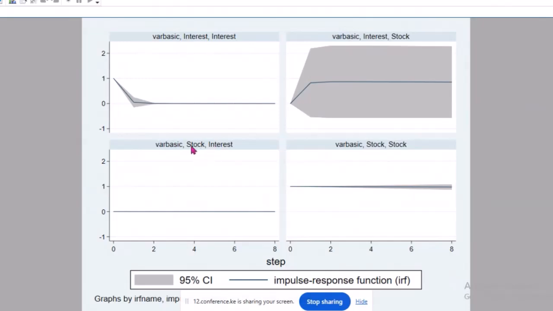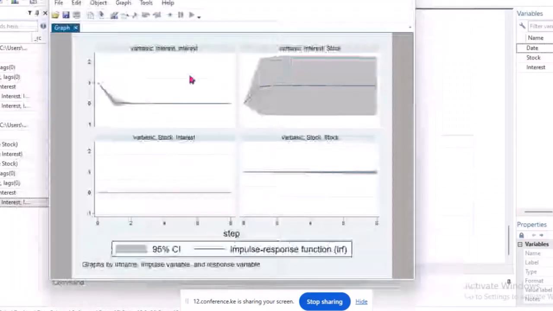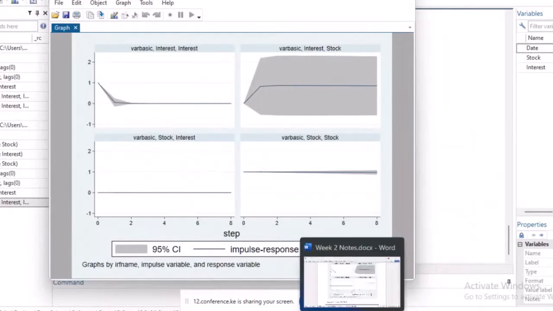A shock in stock prices does not have an effect on interest rate, but it has a significant effect on itself. So that is what we call the impulse response function. We consider these graphs in the explanation of the impulse response function.